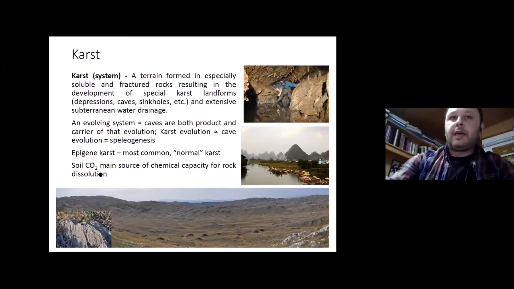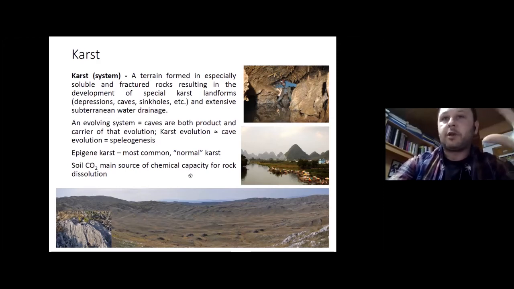The main source of the capacity of the water to dissolve the rock comes from the soil, or from the air and the soil, as was nicely illustrated by one cross-section in Bogdan's presentation. And you can find this kind of image characteristic of epigene karst systems.